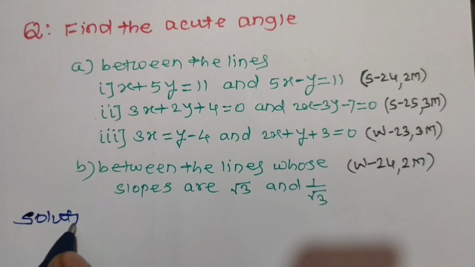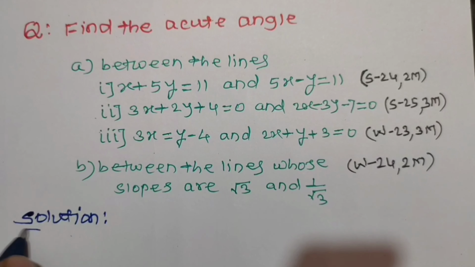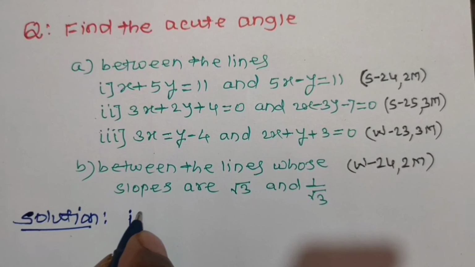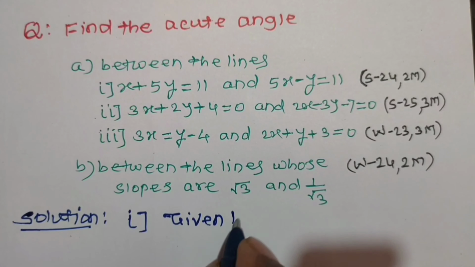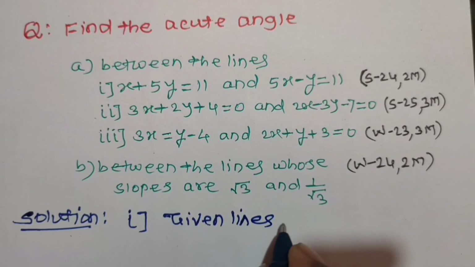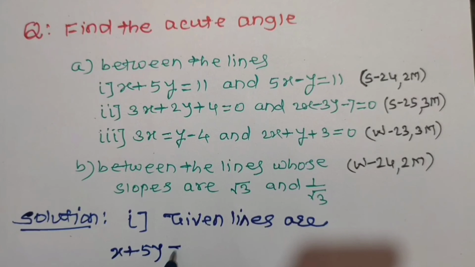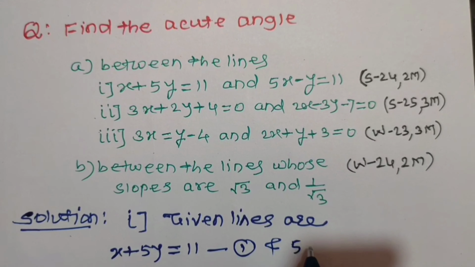So now solution for this. First of all, let us solve example number 1 from A. Given lines are x plus 5y is equal to 11 and 5x minus y is equal to 11.